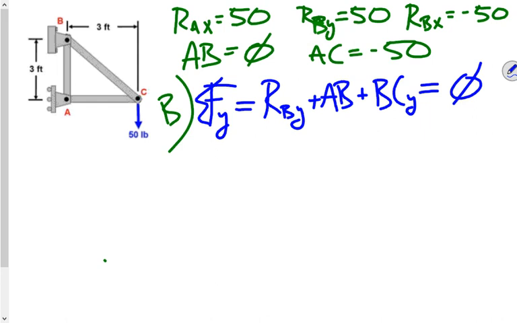All right? Now, right away we can look. We know that RBY is 50. We know that AB is 0. And we don't know BCY.